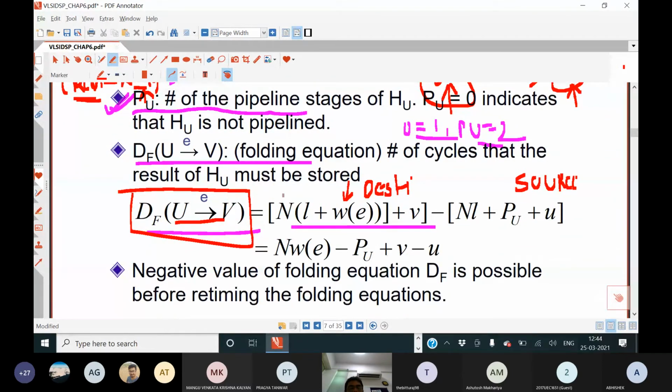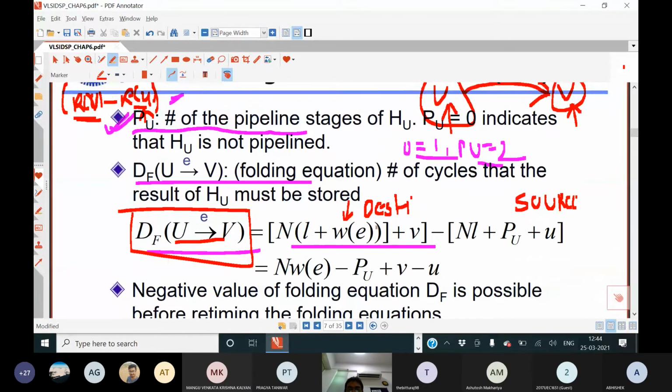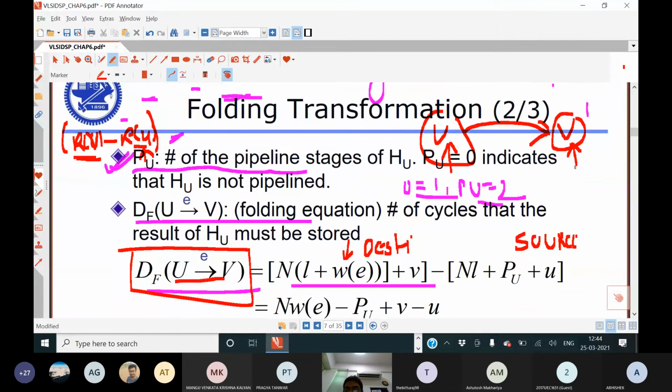Similarly, the folding equation is also like that. We need to think that V is our destination and this is our source. So when will the source be executing and when will the destination be executing? Now this U and V are my folded architecture nodes.